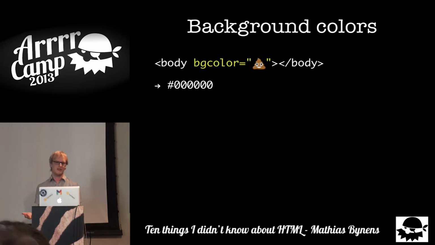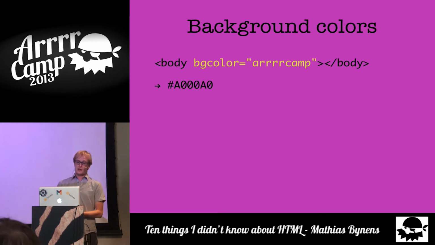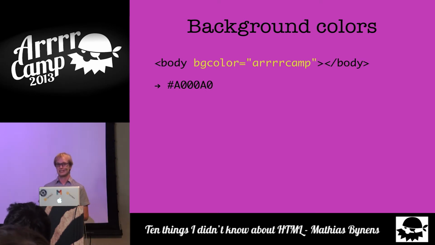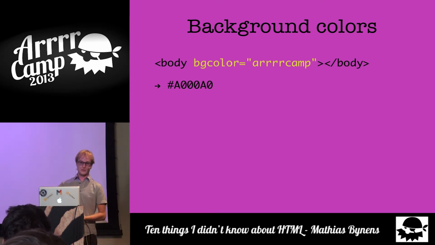So apparently crap is brown and poo is black. Didn't know that. I also tried the value ArrrrCamp, and for a pirate-themed conference, you would expect to get maybe a different color, one that isn't pink, purplish, perhaps. But then I noticed the hexadecimal color that it corresponds to. It spells out A0A0, right?